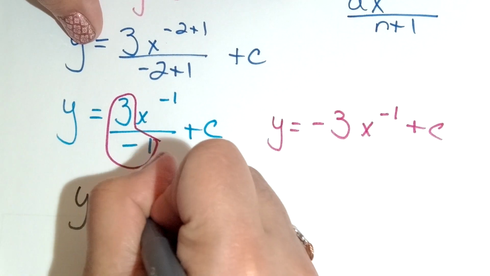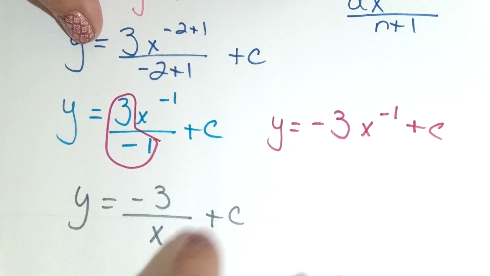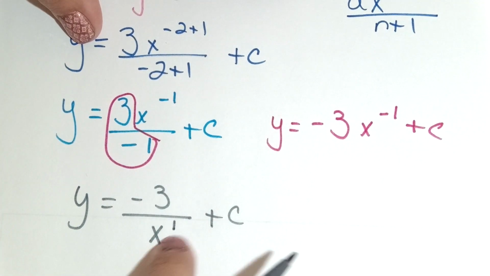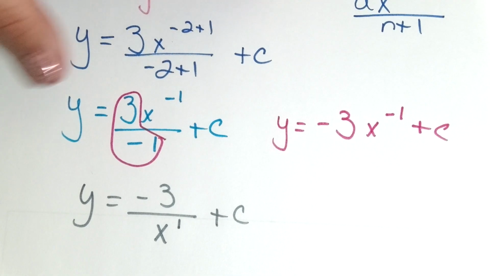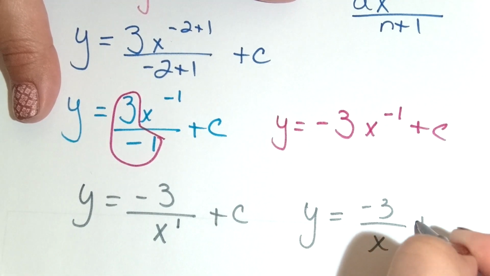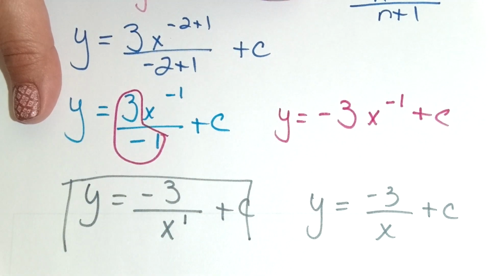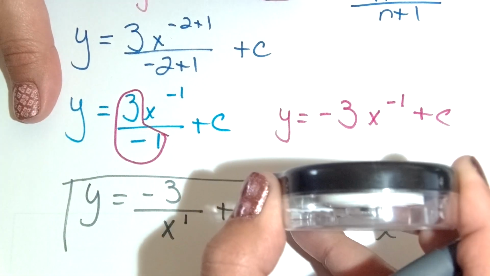So we have y equals negative 3 over x plus c. You can put over x to the 1, that's fine, but you do not have to. Either one of those is fine.